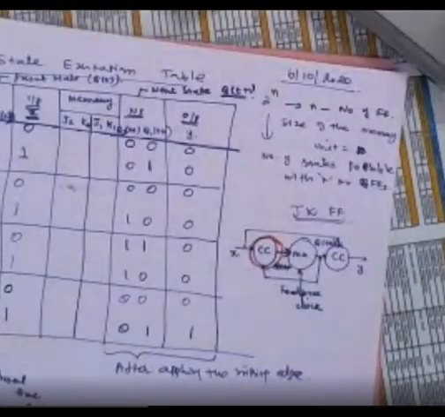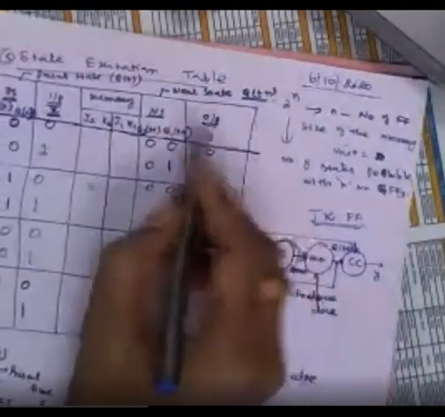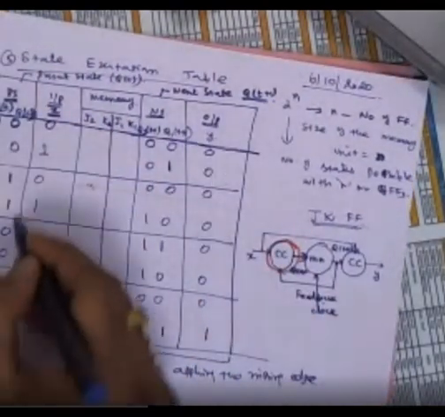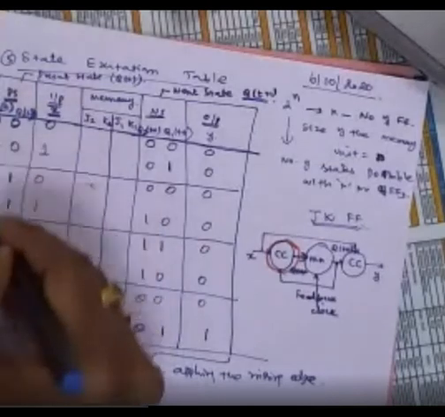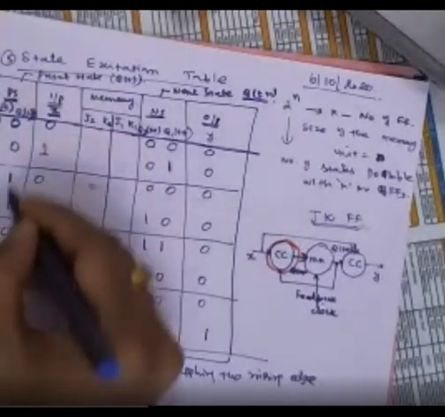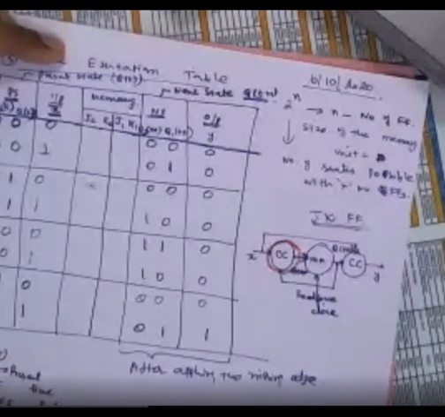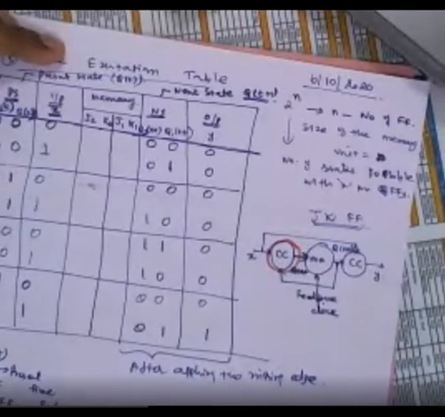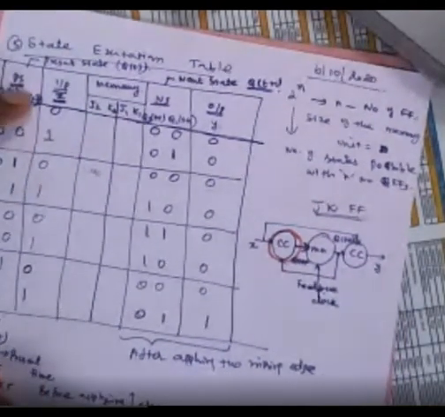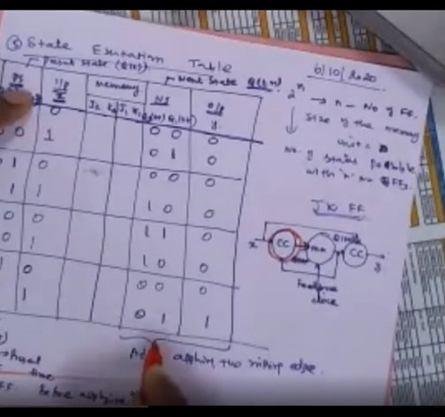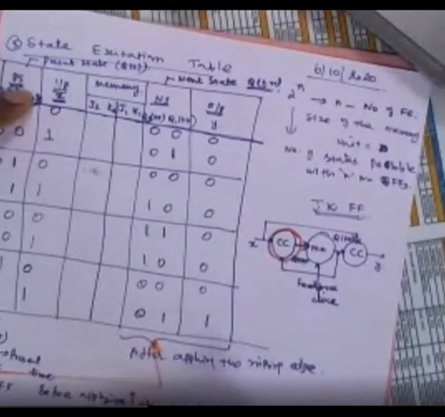Understand? So therefore, you tell me now, because this row is only for the first flip-flop, and this row is for second, this column is for the first flip-flop. I'm writing here. This is completely for first flip-flop. And this is for the second flip-flop. Therefore, this Q1 of t has a relation only with Q1 of t plus 1.